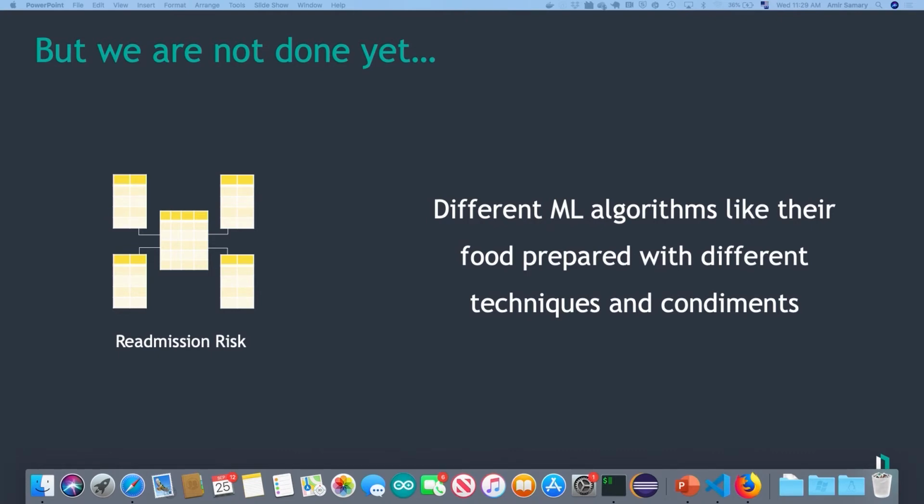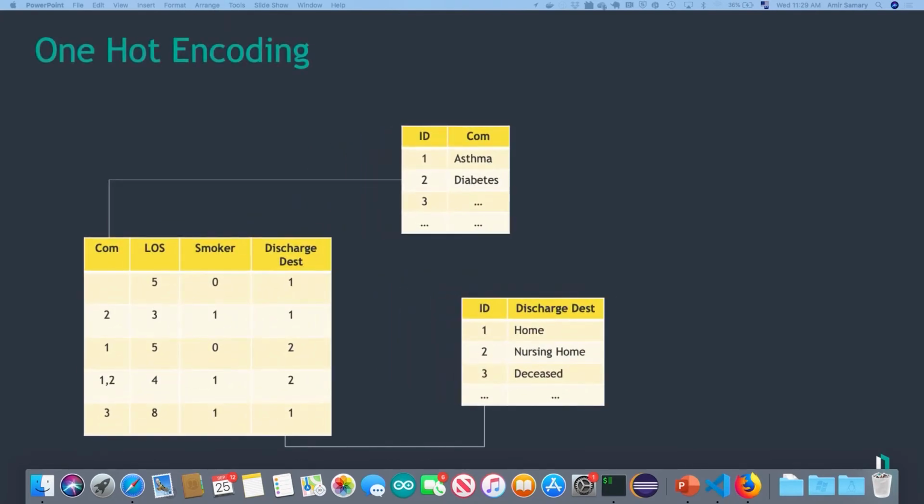So, for instance, one-hot encoding. What is this? That table you're looking at is not really good enough for machine learning. The aggregation is done, and it's helpful, but it can't be consumed by a machine learning algorithm just yet.